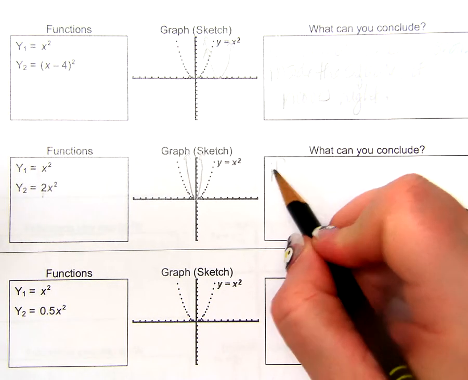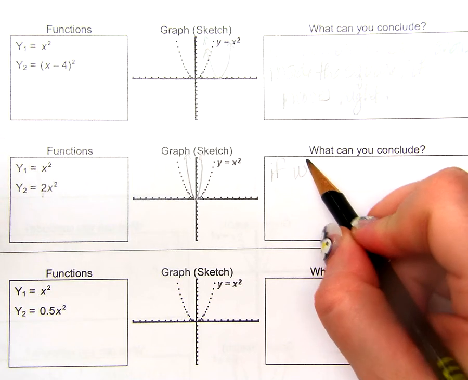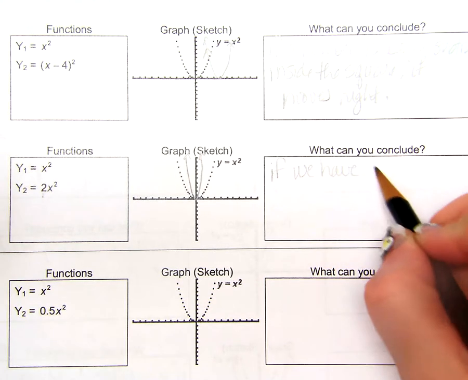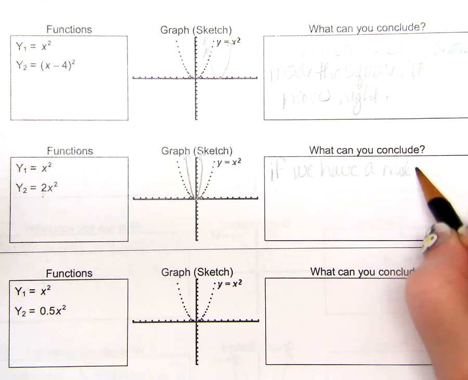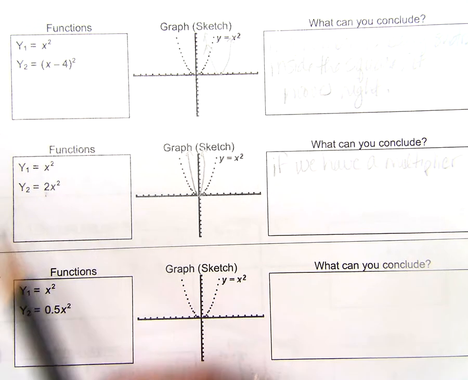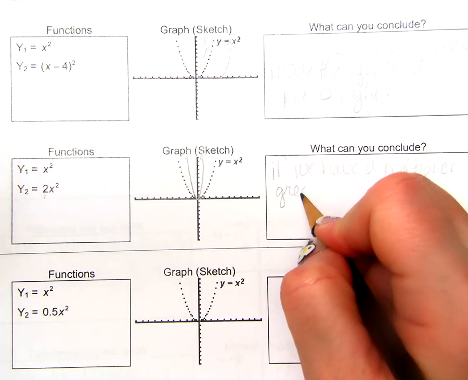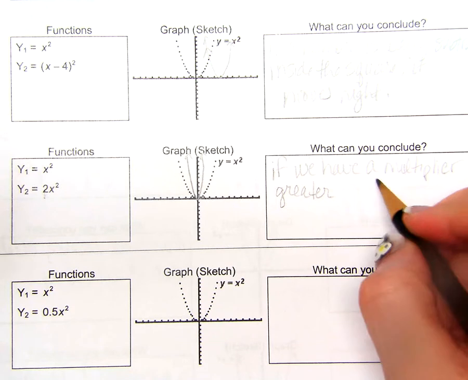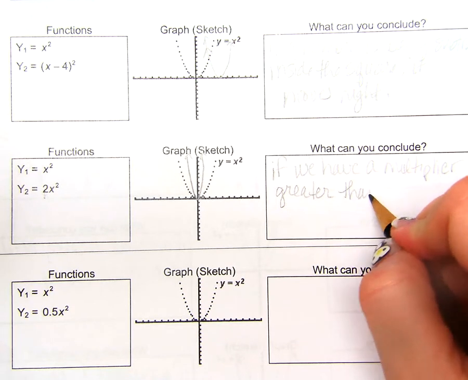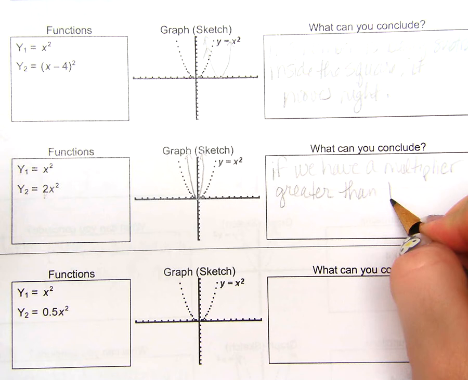If we have a multiplier, what kind of multiplier is it? Greater than 1?